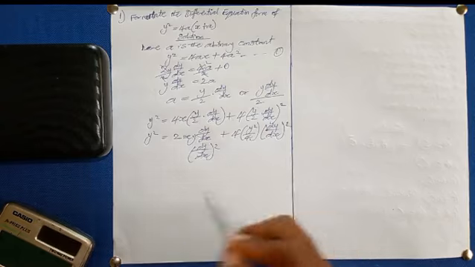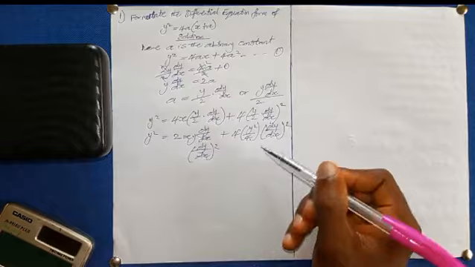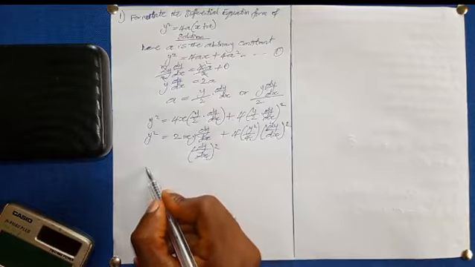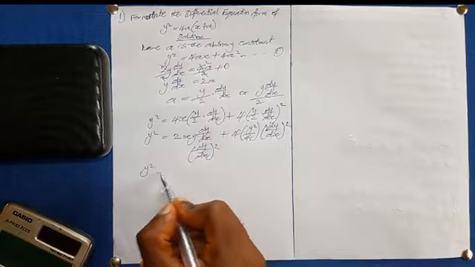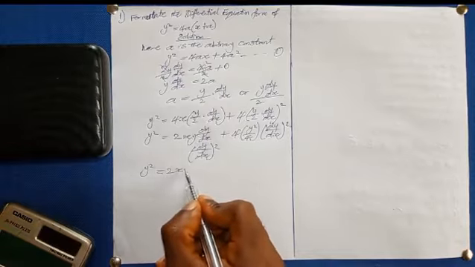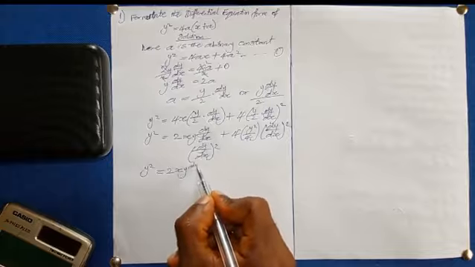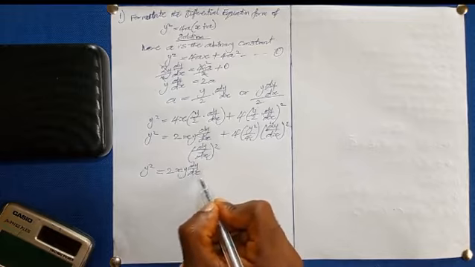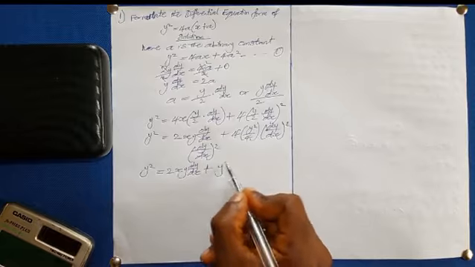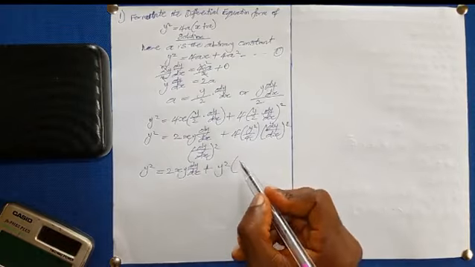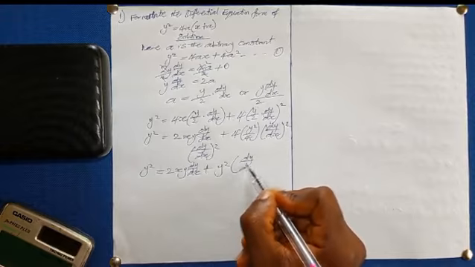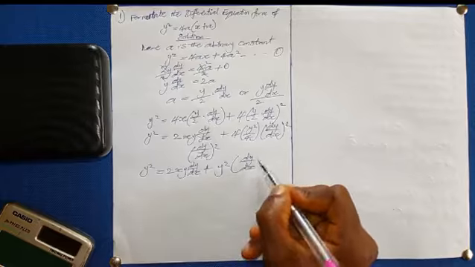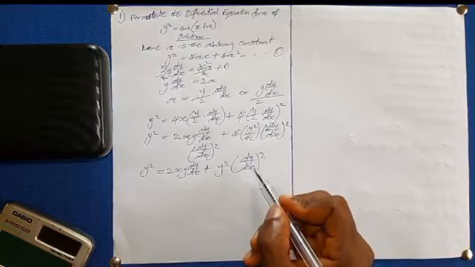Then we move on from this place, which will be y squared equals 2xy dy/dx plus y squared, then in bracket, you bring in dy over dx squared.